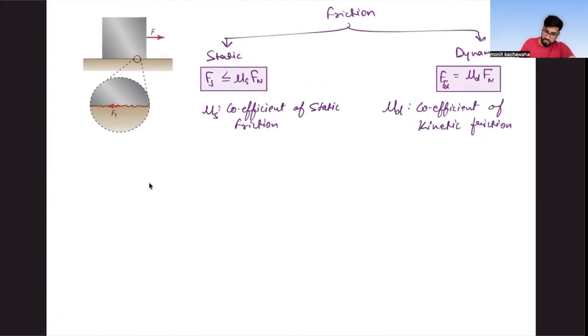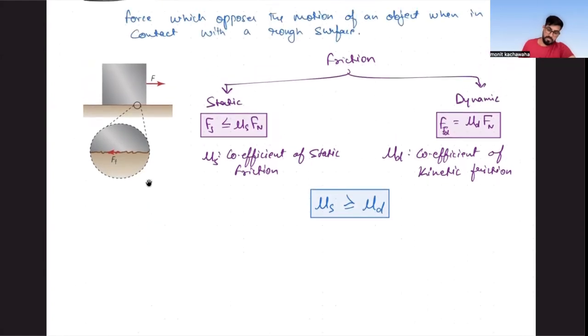But one thing for sure, you have to remember that the coefficient of static friction will always be greater than or, in some cases, equal to the coefficient of dynamic friction. The dynamic coefficient can never be greater than the static one.